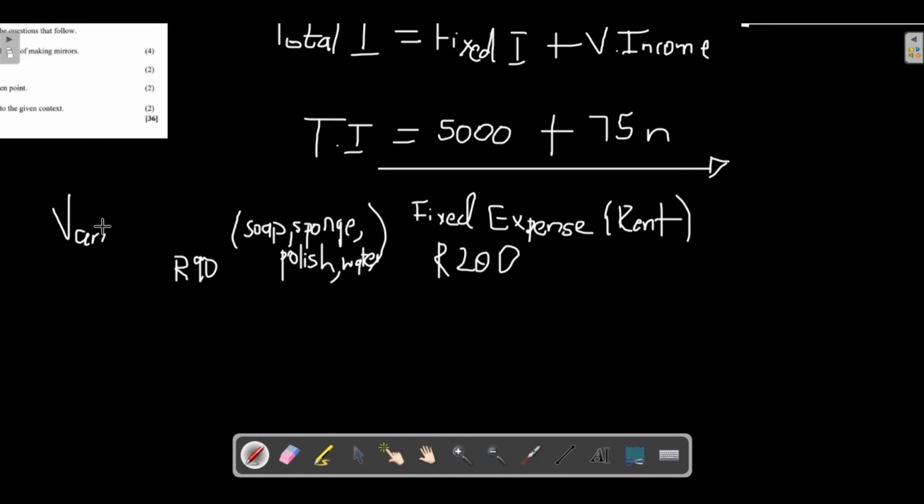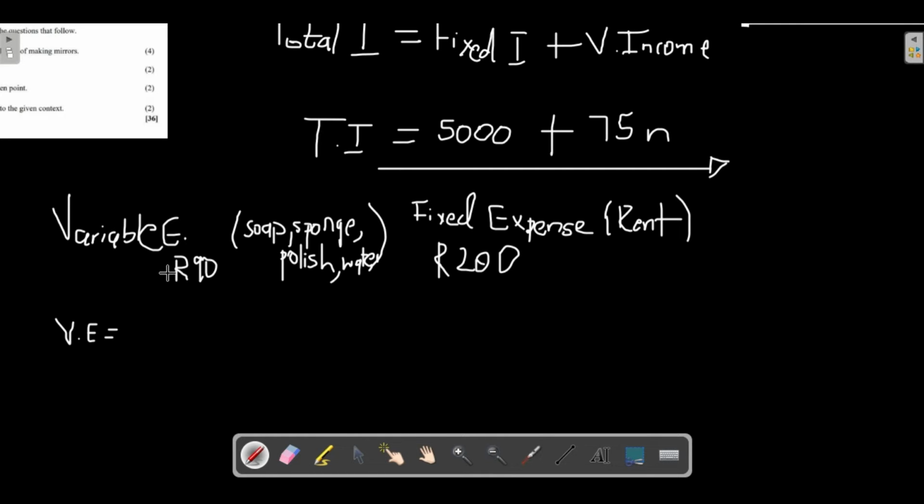Because it will depend, of course, on how many cars you have washed at the end of the month. So for the variable expense, you want to create your own equation that will enable you to calculate the total variable expense that you have incurred at the end of the month.